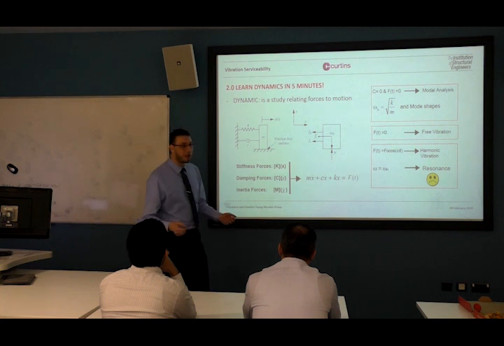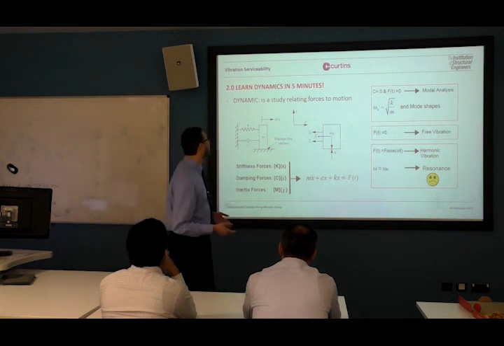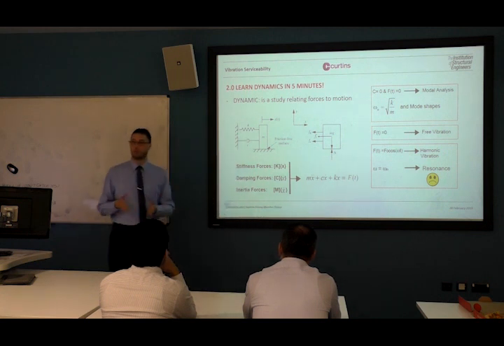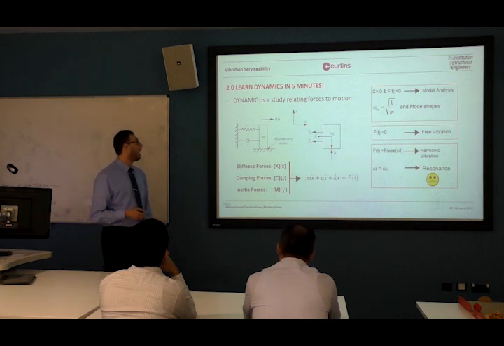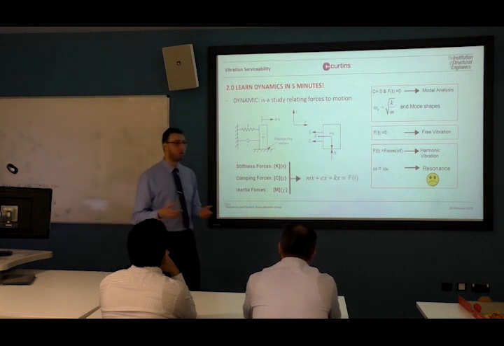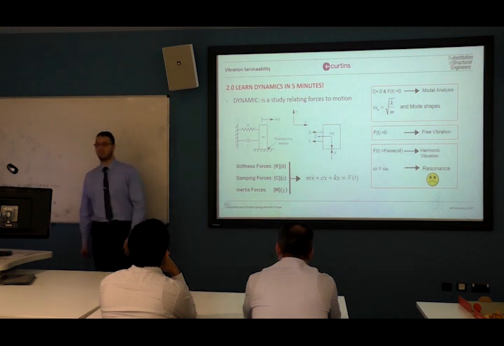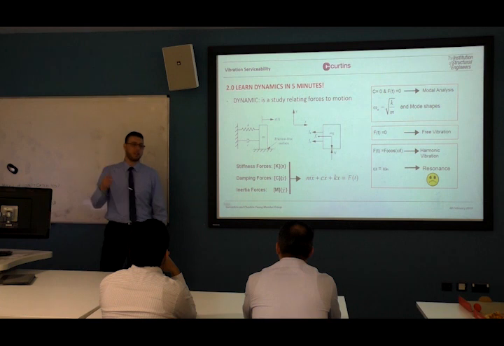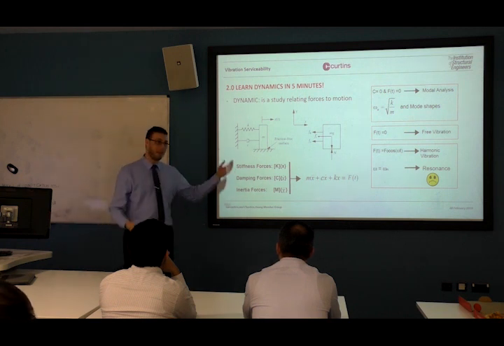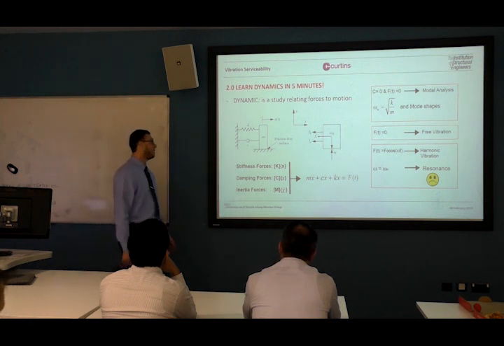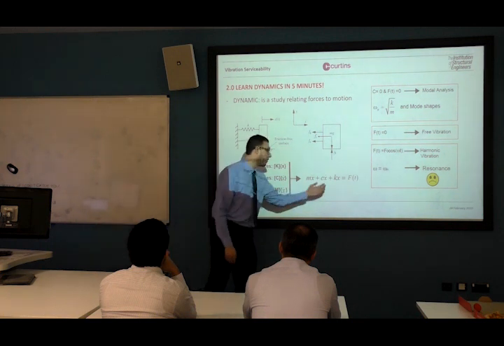But in the context of structural engineering, it's relating forces to motion. And the way we do it is that, we are engineers. Everything we study for 5, 6 years, and then the only thing we do is sigma x is 0, sigma y is 0, sigma m is 0. And it's exactly the same in dynamics. But now the forces are a bit different.